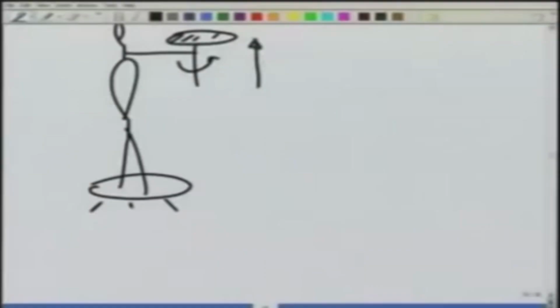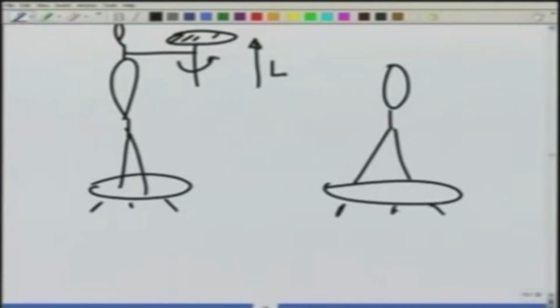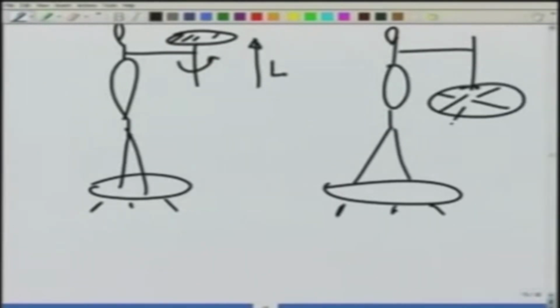That means initially the angular momentum that the wheel has is in this direction. All of a sudden what I'll do is I'll hold it pointing downwards, so that the L would now change direction.